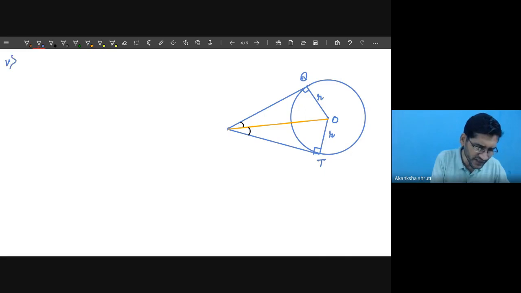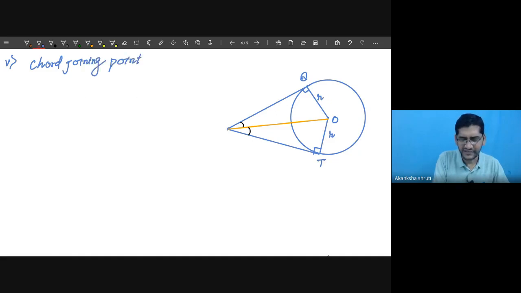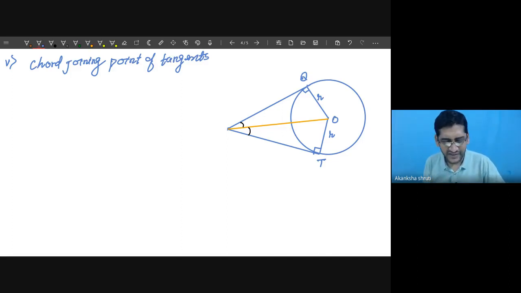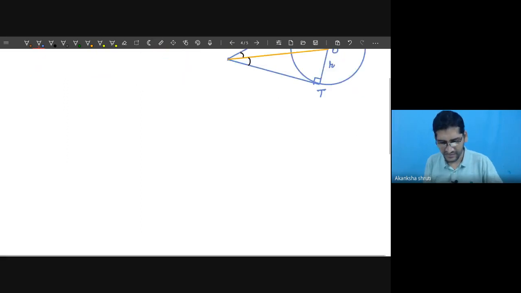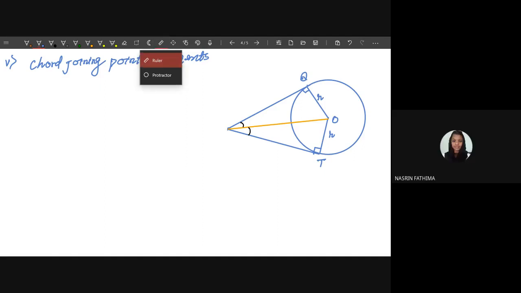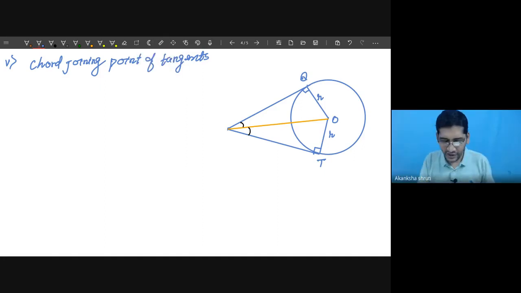The fifth point: the chord joining the points of tangents. What is the chord joining the points of tangents? Yes, student? OP. Good. It is our QT.